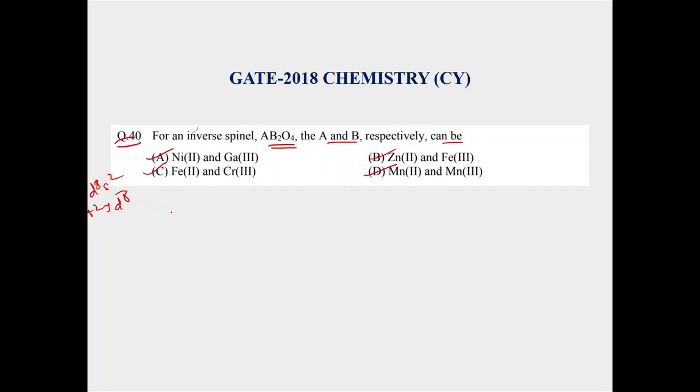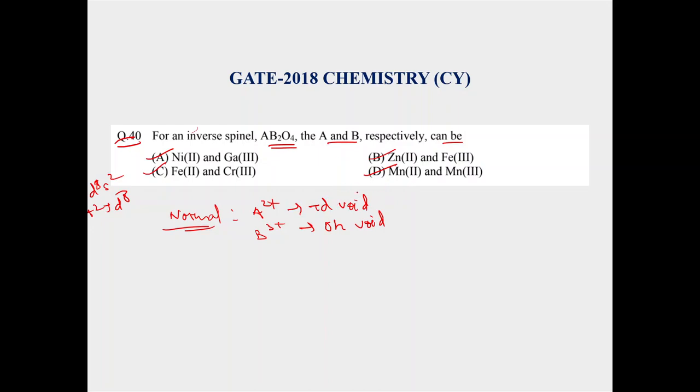mixed spinel structures. So we know that if A2 plus is going to the tetrahedral void and B3 plus is going to the octahedral void, then we will get a normal spinel structure.